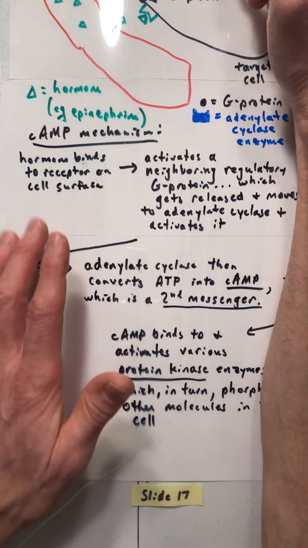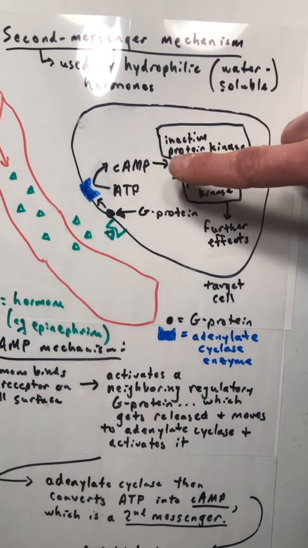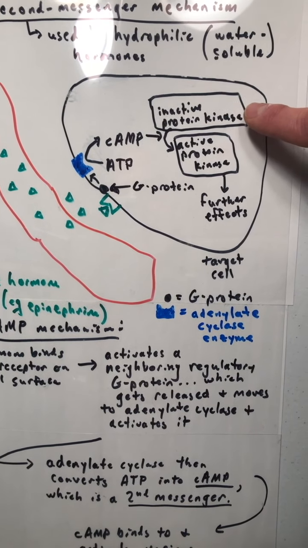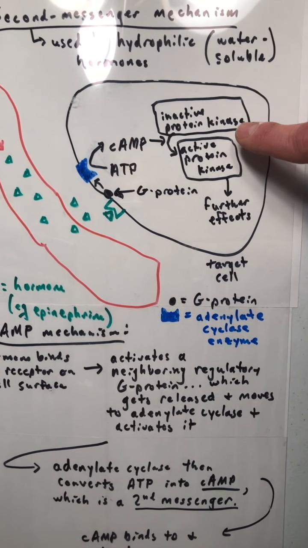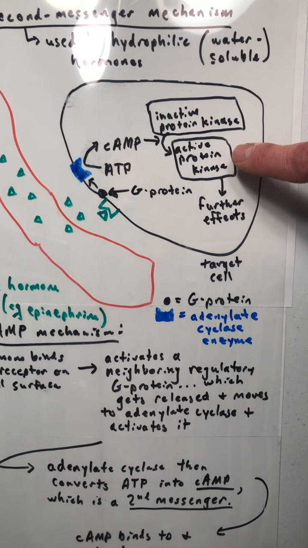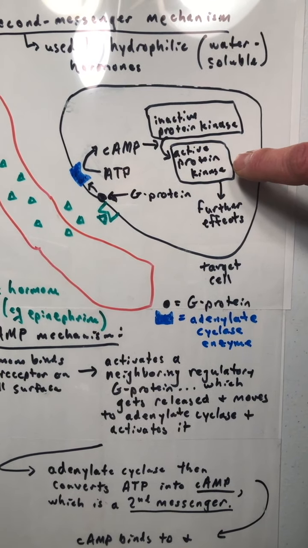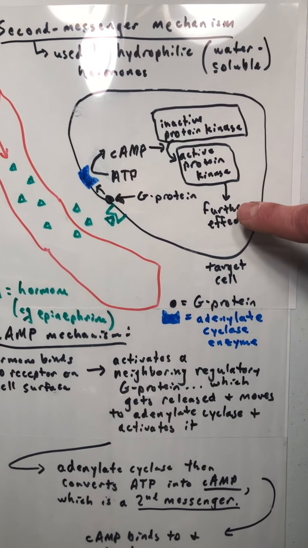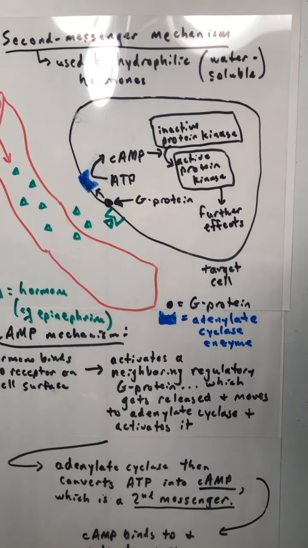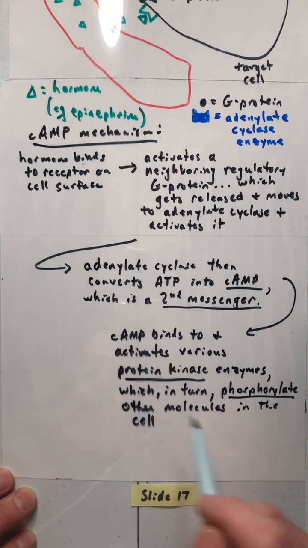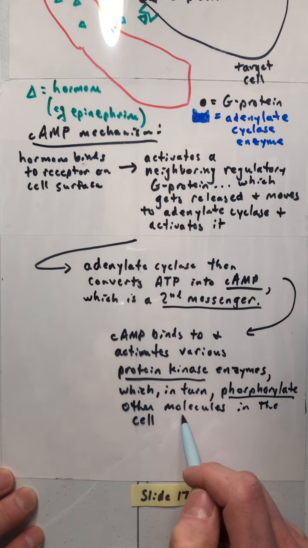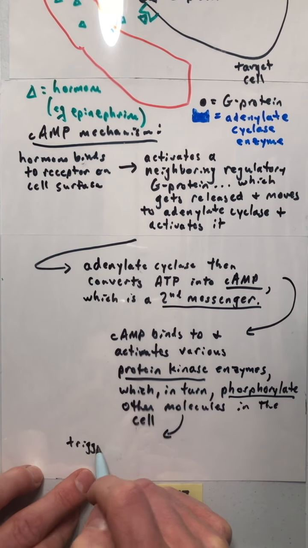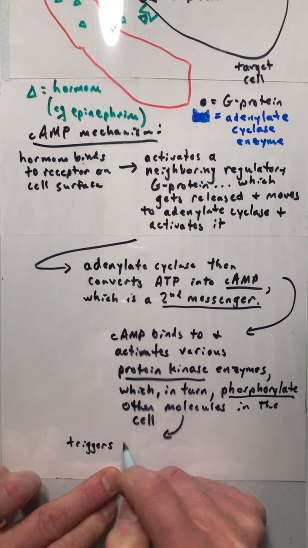So to fill out this diagram here, the cyclic AMP, as a second messenger, activates inactive protein kinases. They get transformed into active protein kinases. Those are enzymes that phosphorylate other molecules to create further effects in the cell. So phosphorylating these other molecules triggers further effects in the cell.